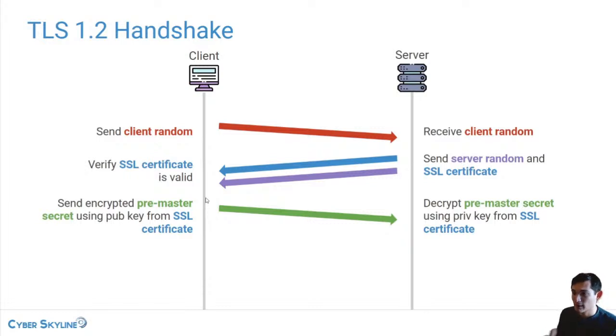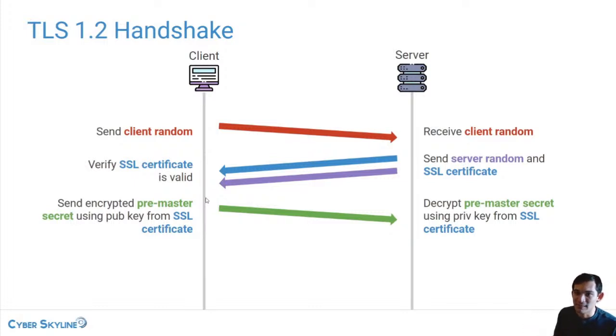But the server can go and decrypt the traffic and obtain the pre-master secret. And then at this point, the combination of the client random, the server random, and the pre-master secret can be used by both sides to generate the encryption key.